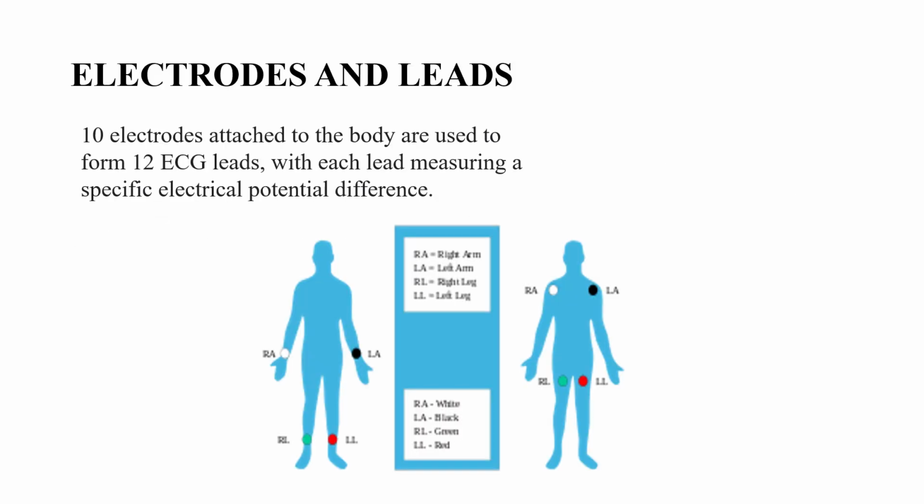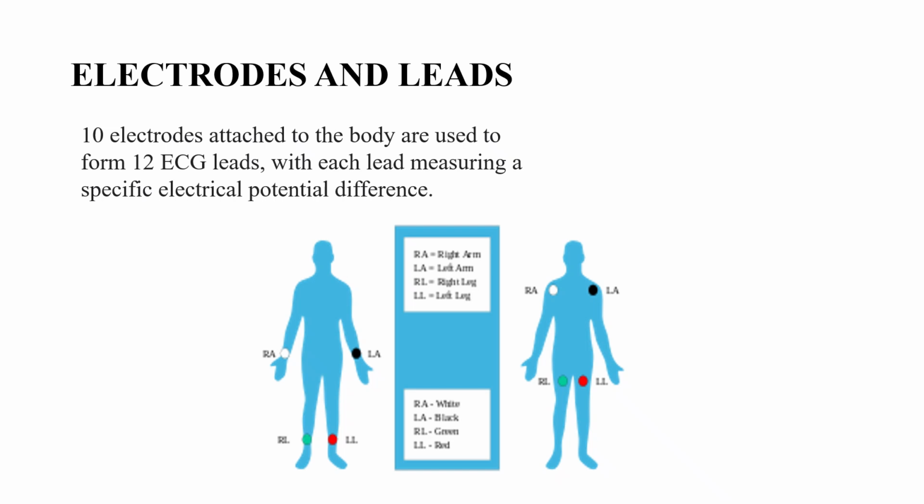This is electrodes and leads. By electrodes, 10 electrodes attached to the body are used to form 12 ECG leads, with each lead measuring a specific electrical potential difference. These electrodes are placed on right arm, left arm, right leg and left leg.